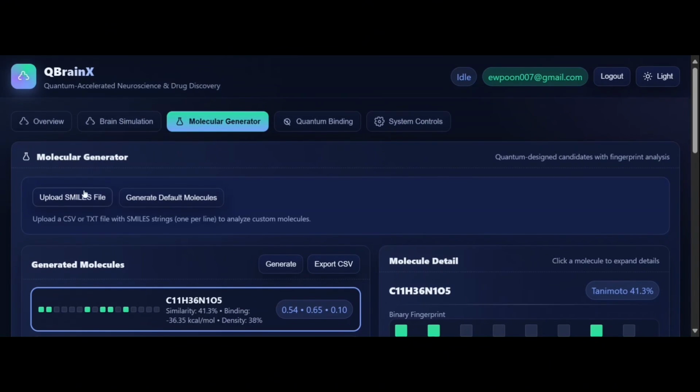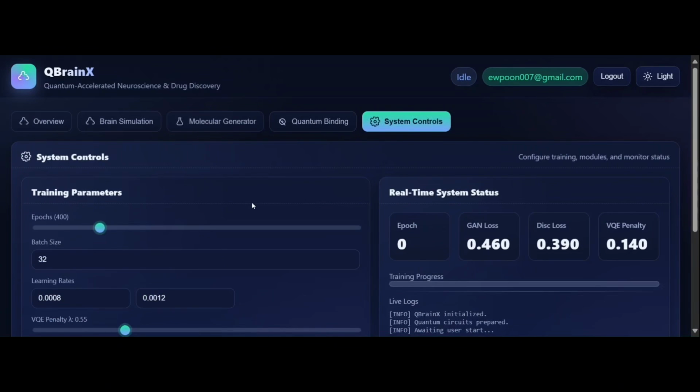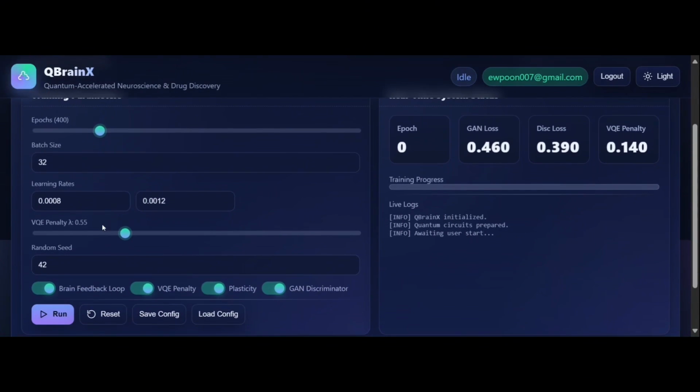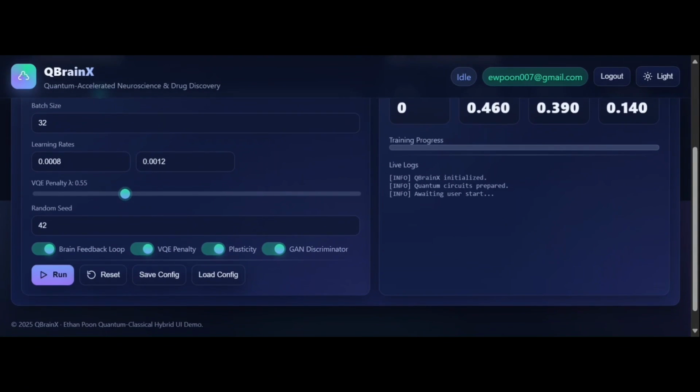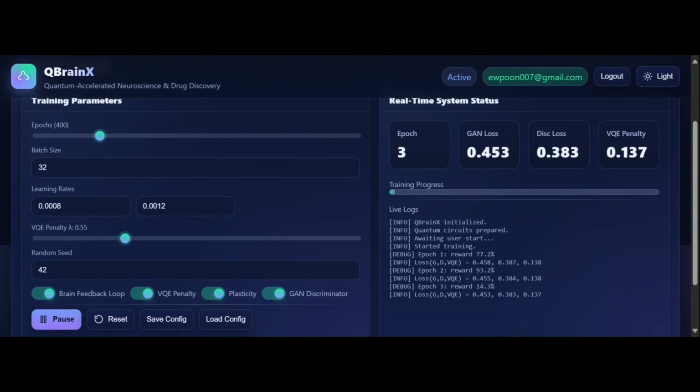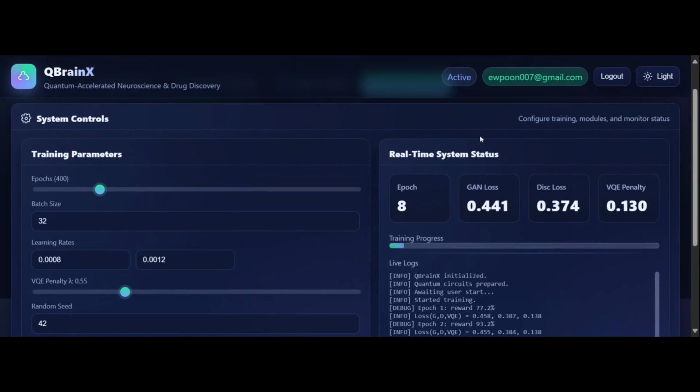So here you can also upload your own SMILES files. These default parameters are pretty good, so we're going to run this. We have our live logs to the right over here, and you can see the epochs, the loss, all of it running in real time.